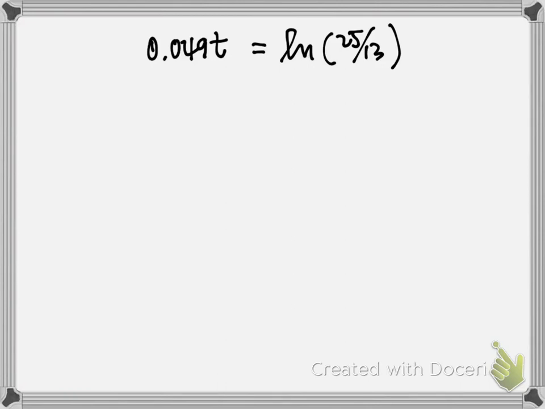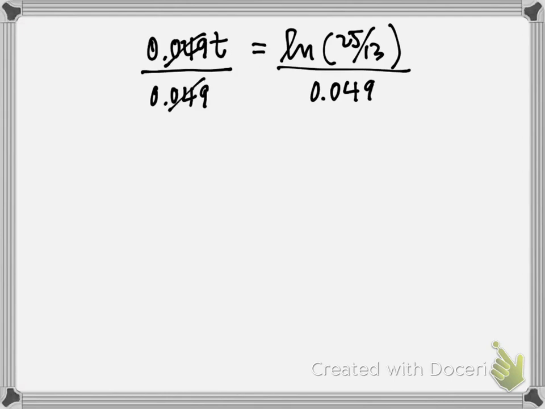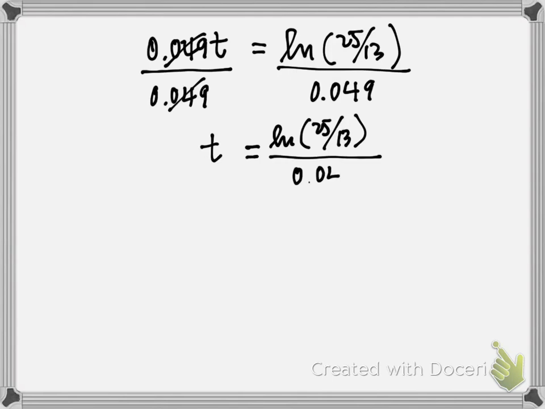Okay. And so now you can see that to eliminate the t, you just have to divide both sides by 0.049, and you have isolated the t on the left side. You will have t equals ln 25 over 13 divided by 0.049.